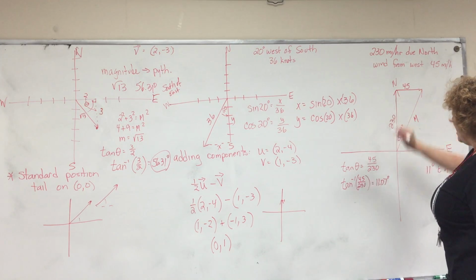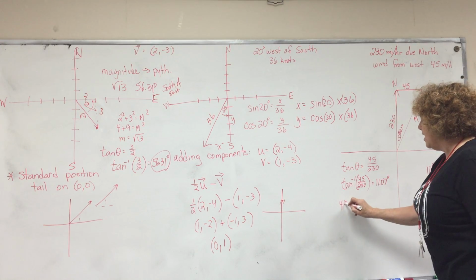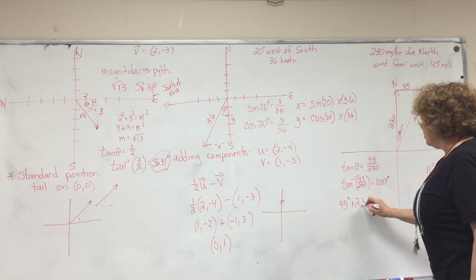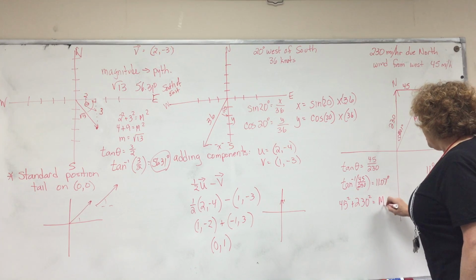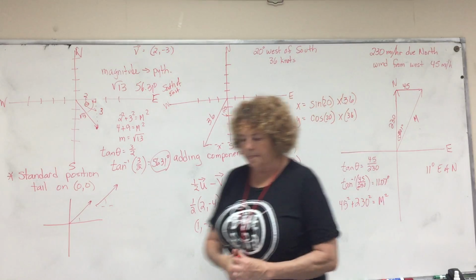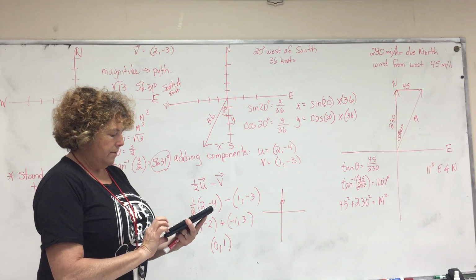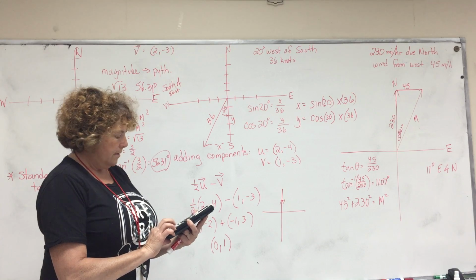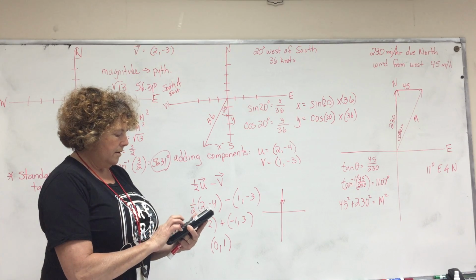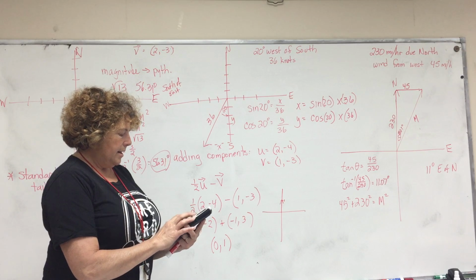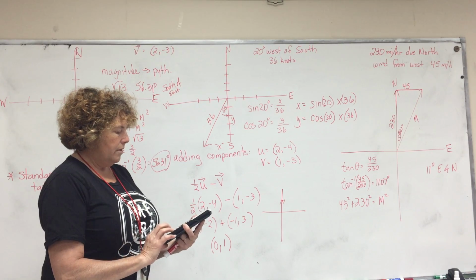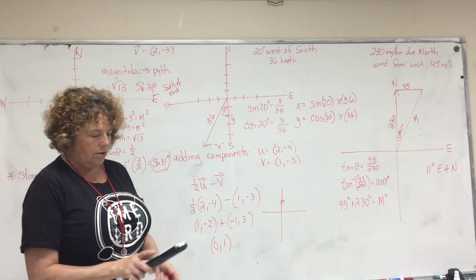So now we find the magnitude simply by going 45 squared plus 230 squared equals the magnitude squared. And don't forget to get the square root. And you get 234.